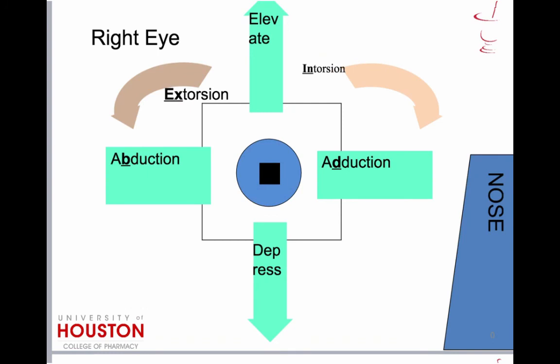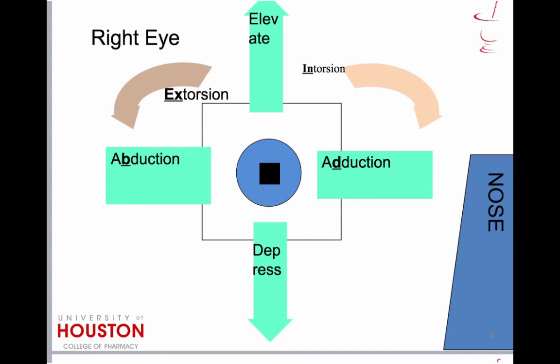Before I get into that too much, let's talk about some of the movement. You have elevation, which is moving the pupil up, depression is moving the pupil down. If you're moving it towards the nose, that's adduction, AD, adduction.